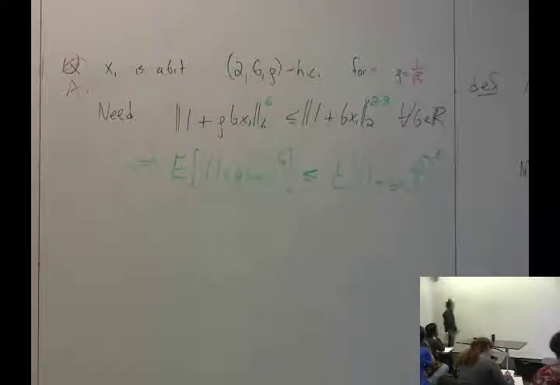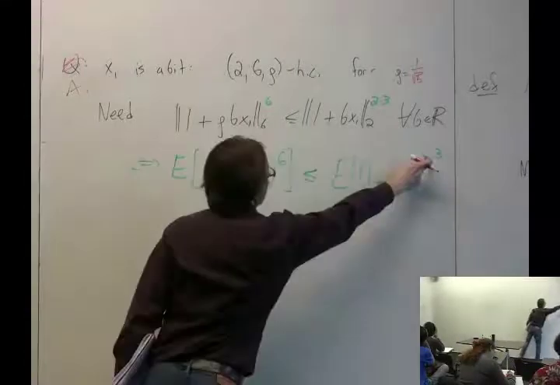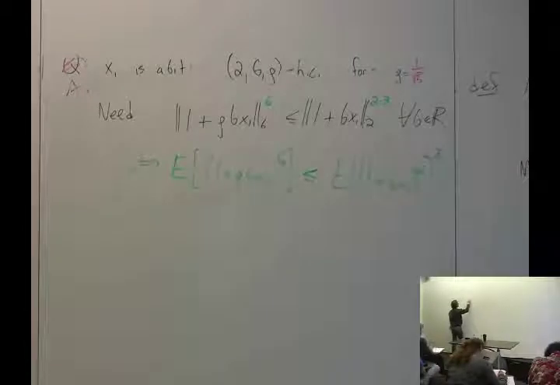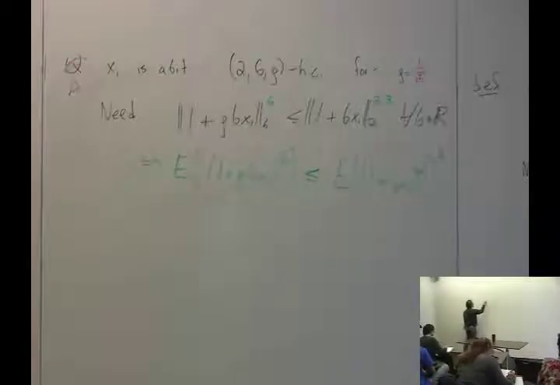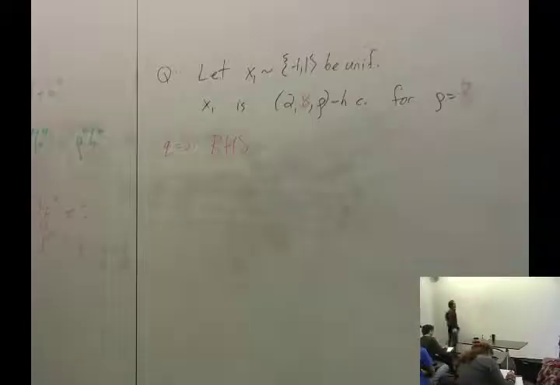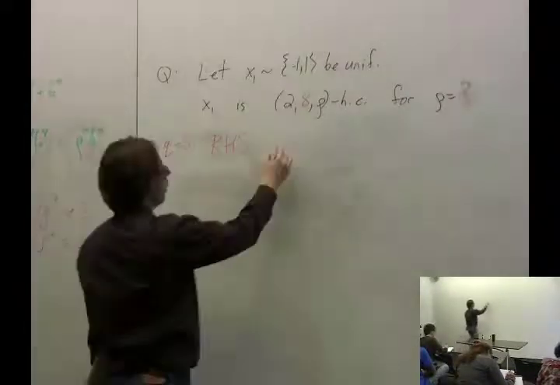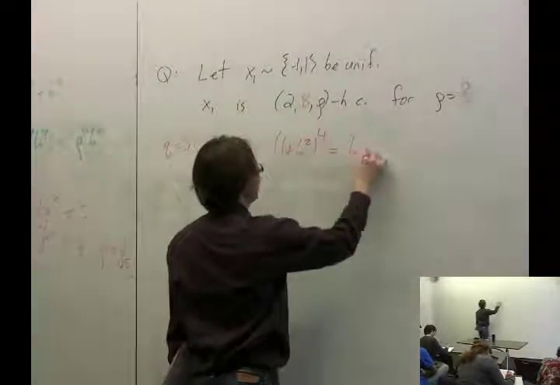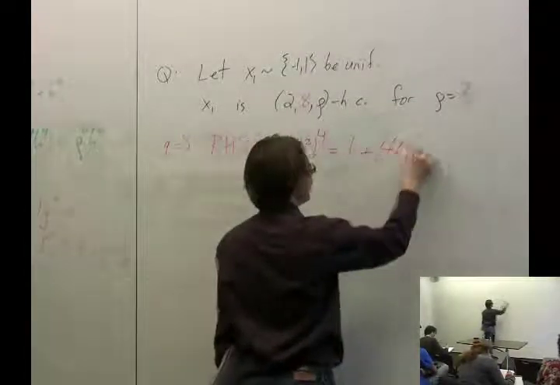Well, I could do something similar, right? I just have like an 8 here, and I have a 4 up here. Okay, so in the 8 case, you see my right-hand side will start out, it's going to be 1 plus b squared to the 4th. So it'll start out as like 1 plus 4b squared plus some more things.